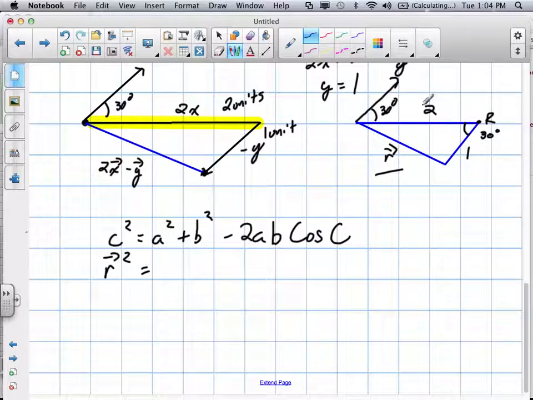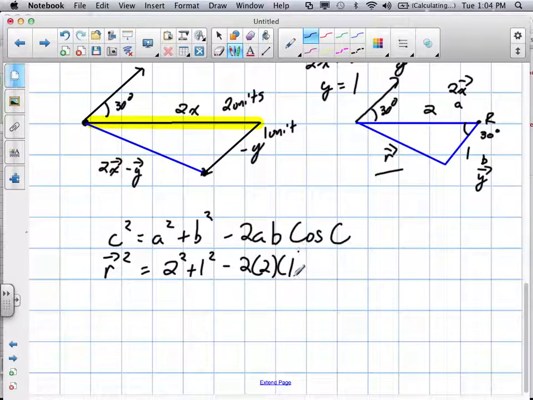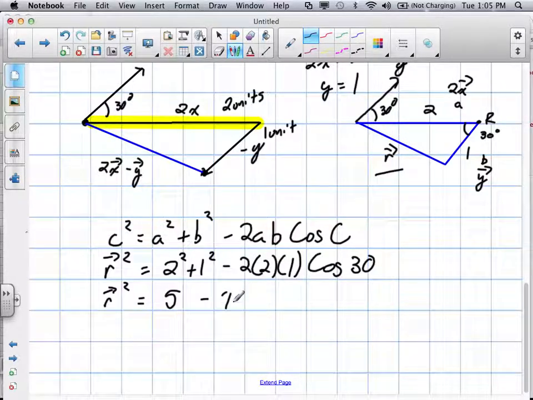Well, a in this case we'll call side a, or 2x in this case. 2x is the distance of 2. This can be our side b or our side y, which is 1. So 2 squared plus 1 squared minus 2 times 2 times 1 times cos 30. Okay. So r squared is equal to 5 minus 4 cos 30.